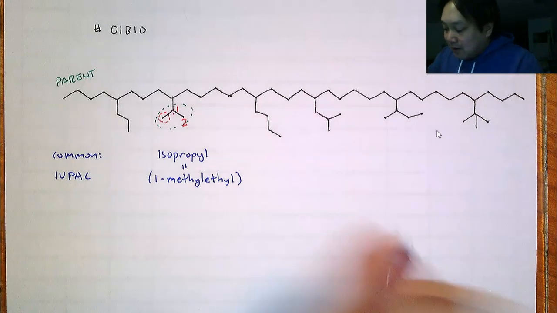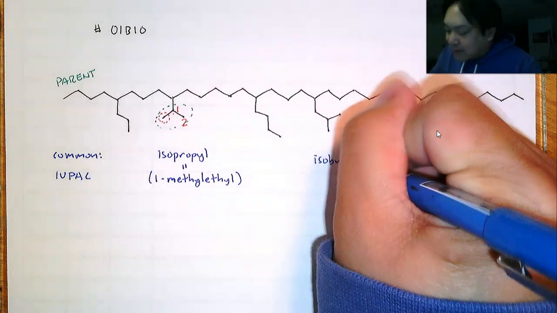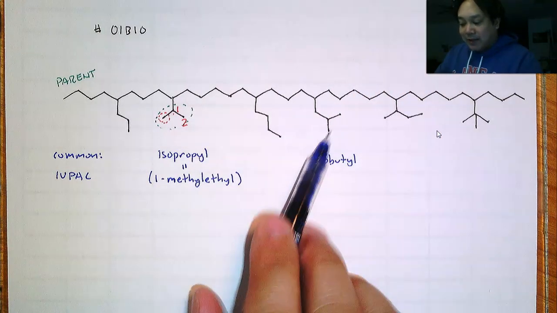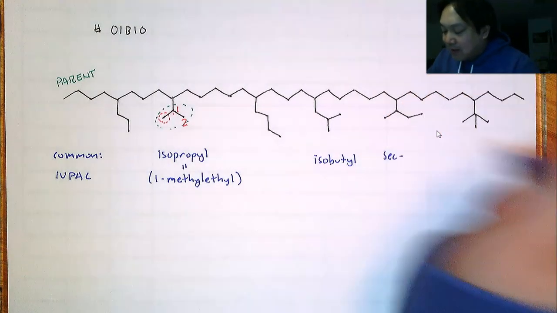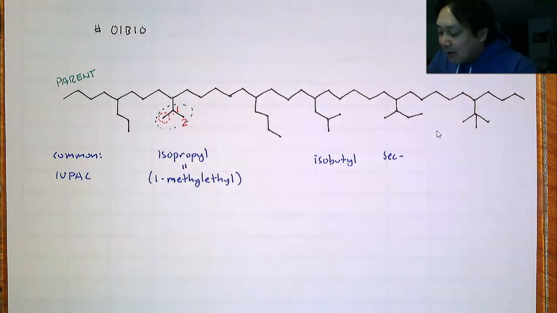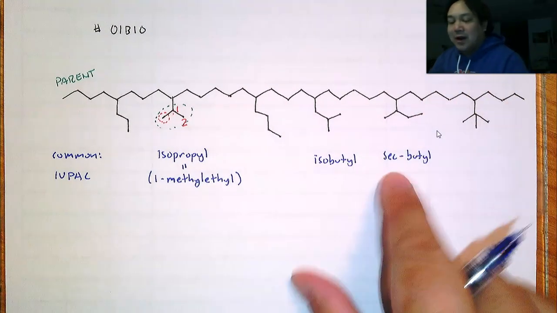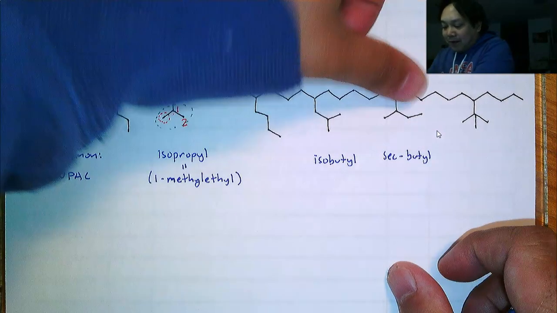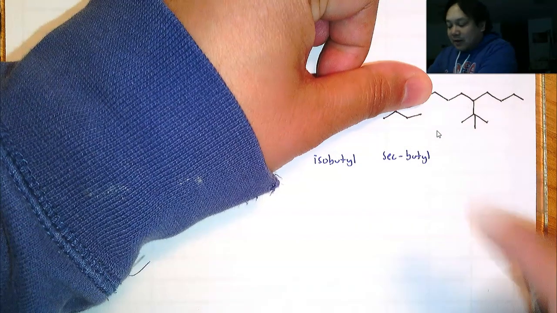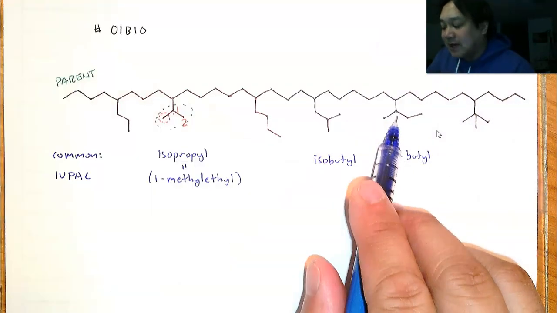Alright, this one is isobutyl. I remember the iso because there's a Y at the end. This one is sec-butyl, SEC for secondary. I never explained why it's called secondary. If you cover up your parent, it is attached to this 4-carbon chain via what's called a secondary carbon.